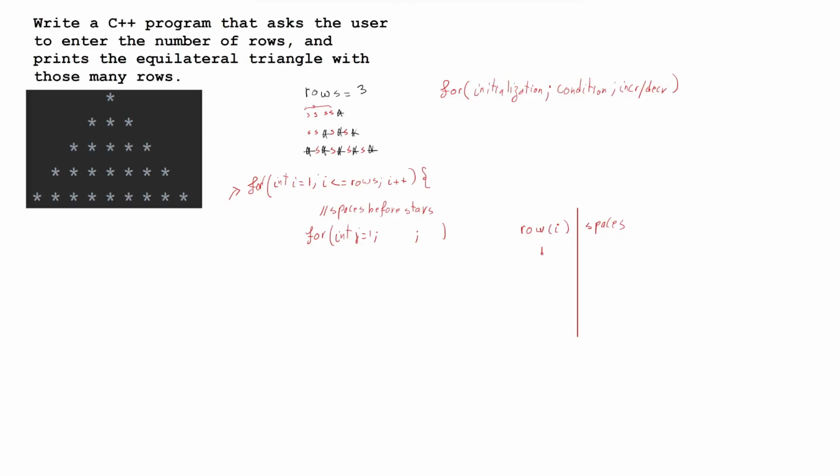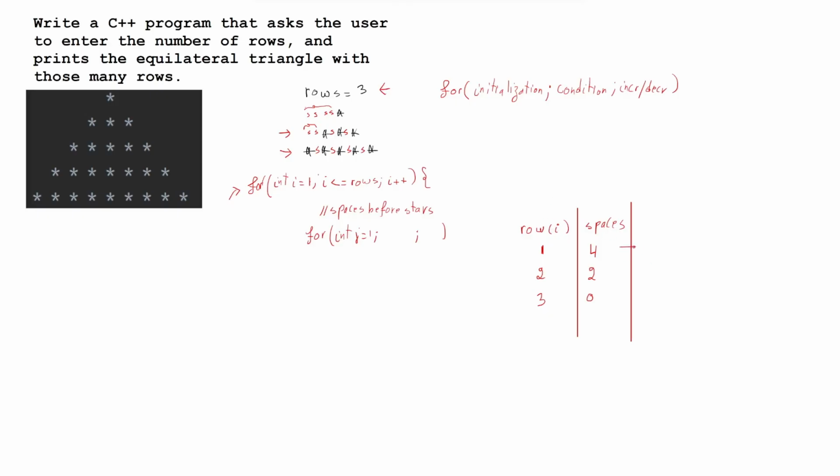So row of I number 1, we need 4 spaces. In the second row, we need 2 spaces. So row I number 2, we need 2 spaces. And for the last row, row I number 3, we don't need any spaces, so that's 0 spaces. Now from this, let's find the relation between j, number of rows, and I.